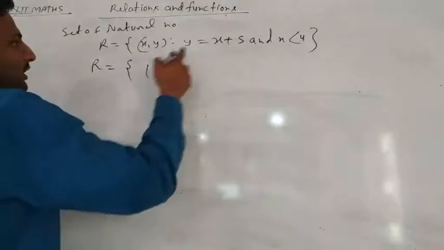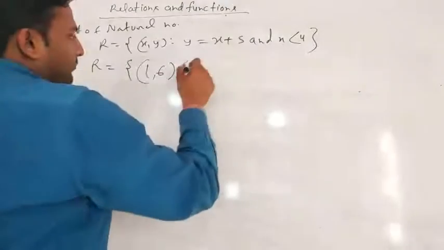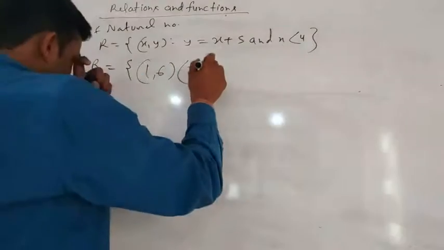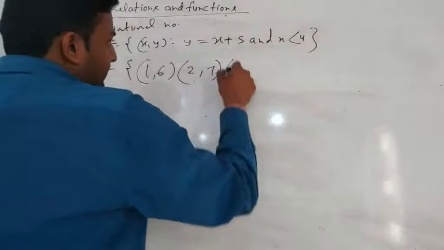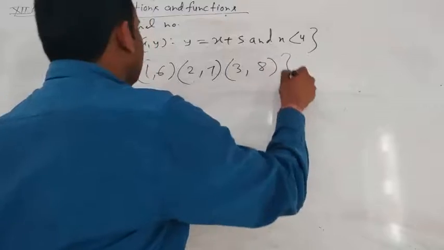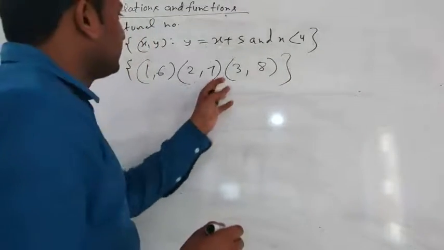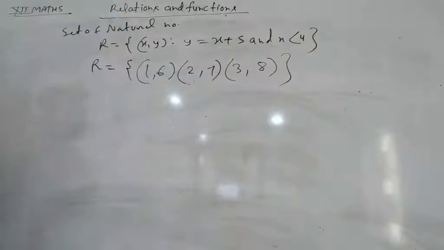When we put 1 we get 6, when we put 2 we get 7, and when we put 3 we get 8. So the relation is {(1, 6), (2, 7), (3, 8)}. Now we have to check whether this relation is reflexive, symmetric or transitive.